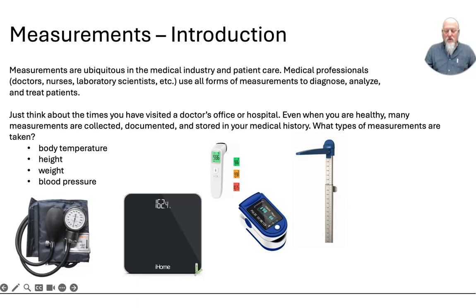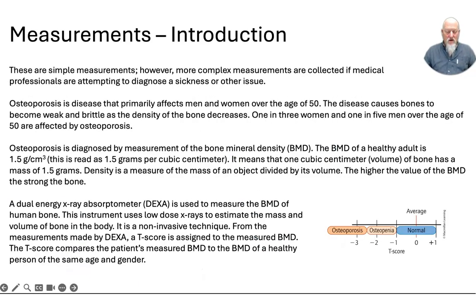So, for example, if we want to discuss a bit more complex measurement, we might talk about BMD, bone mineral density. Bone mineral density is used to determine if a human has osteoporosis or is susceptible to osteoporosis or is moving in that direction, right?